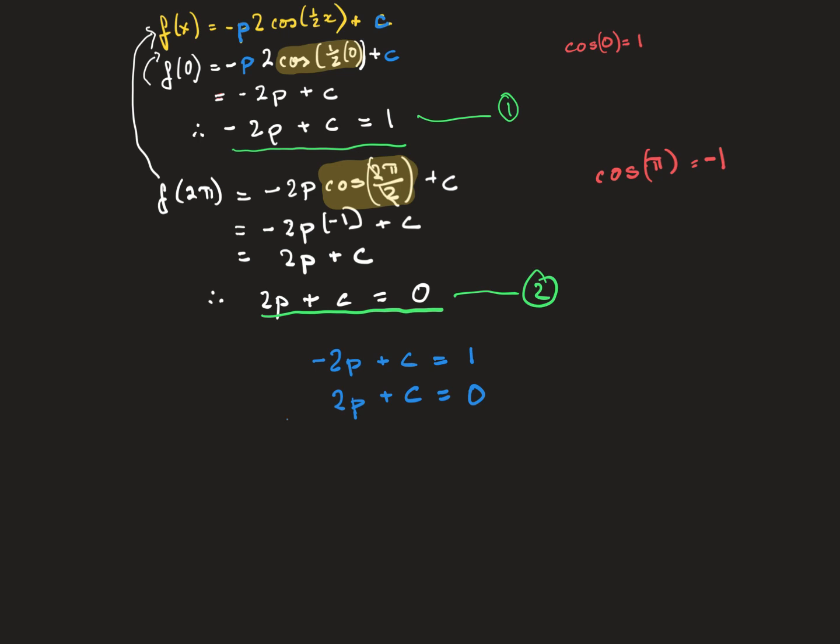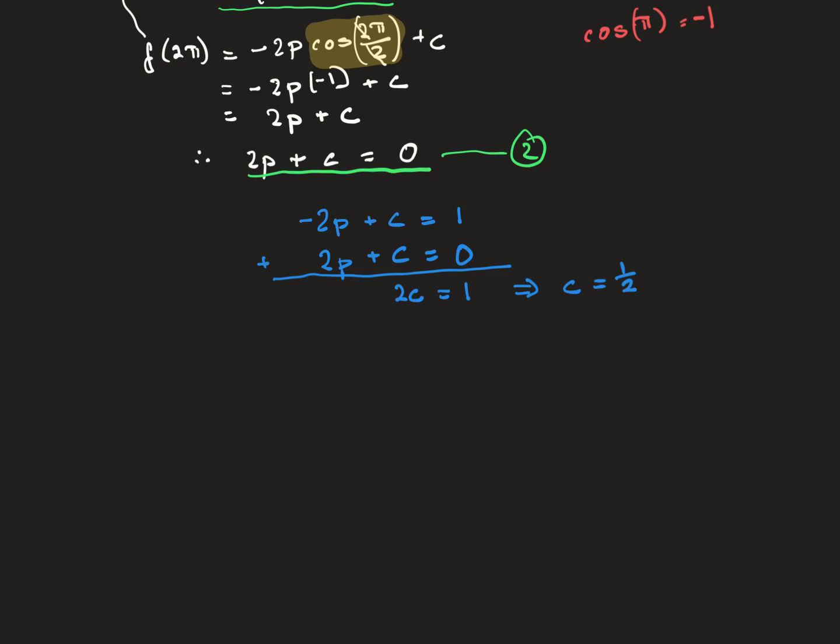I'm going to add these two together so that minus 2p plus 2p cancels out, and c plus c is 2c, and 1 plus 0 is just 1, which means that c is equal to a half. If you have another way of solving this, please do, as long as you get c is equal to a half.